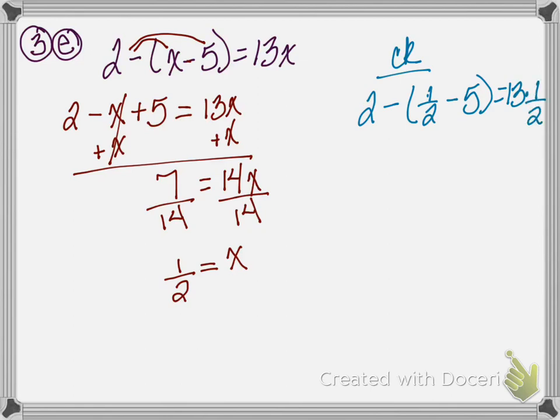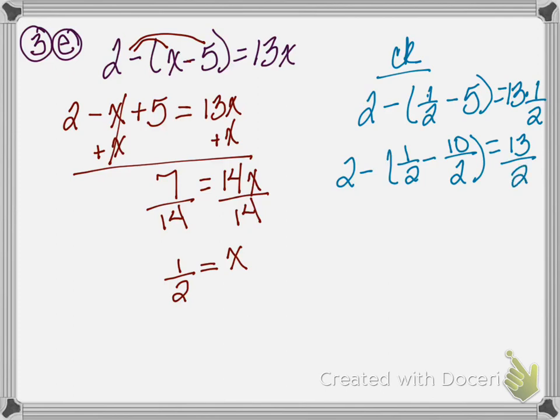Okay? 1/2 minus 5, that's really 1/2 minus 10 over 2. Okay? So 5 over 1 and 10 over 2. I apologize. I'm a little rattled because I wrote down the wrong answer. Okay? 13 times 1 is 13, and that's over 2.